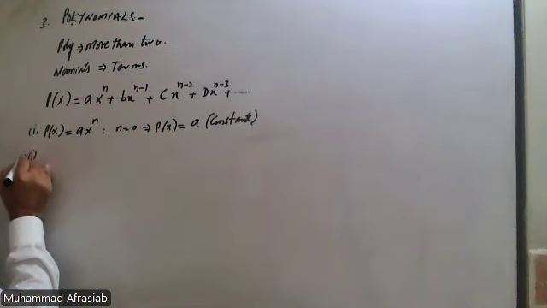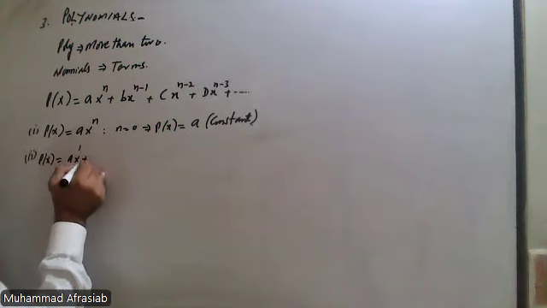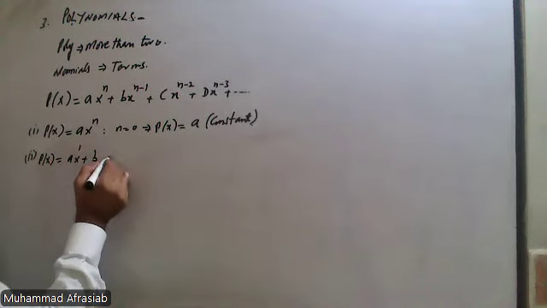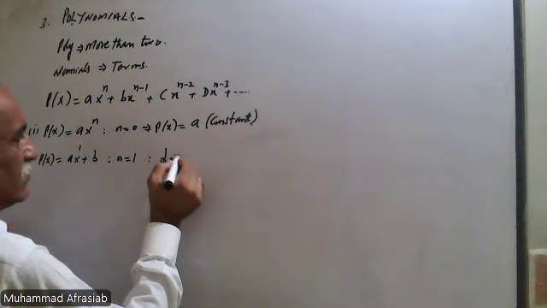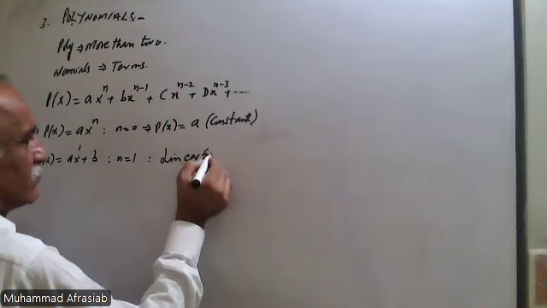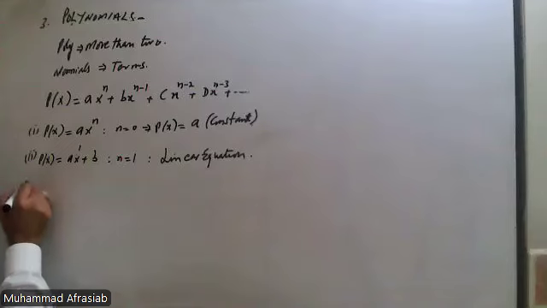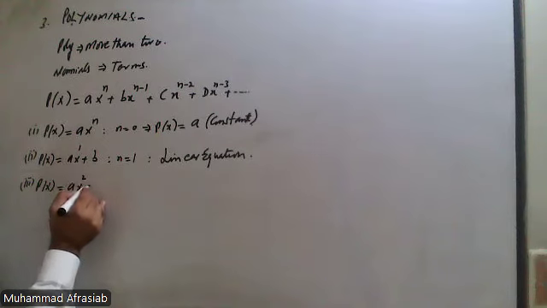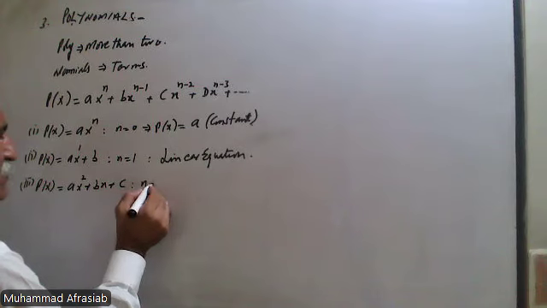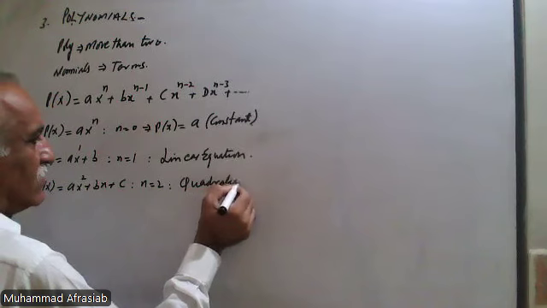If p of x is equal to ax plus b, where n is equal to 1, then it is known as to be called linear equation. If p of x is equal to ax^2 plus bx plus c, where n is equal to 2, then it is known as to be called a quadratic equation.